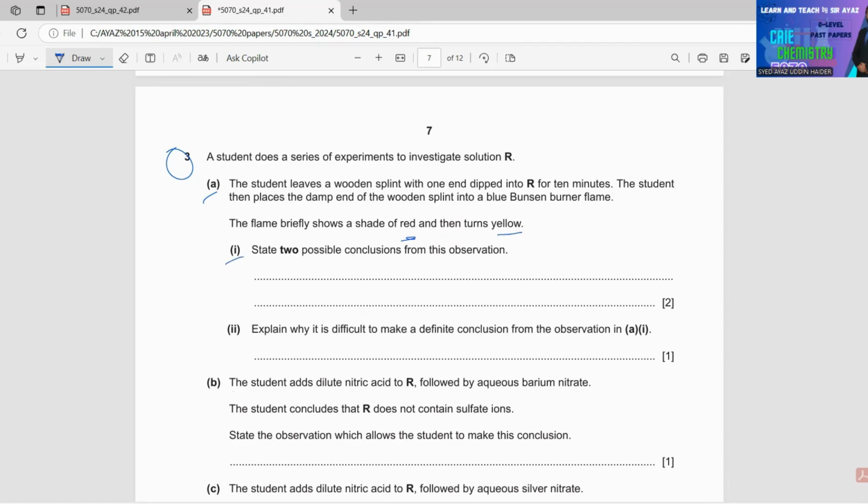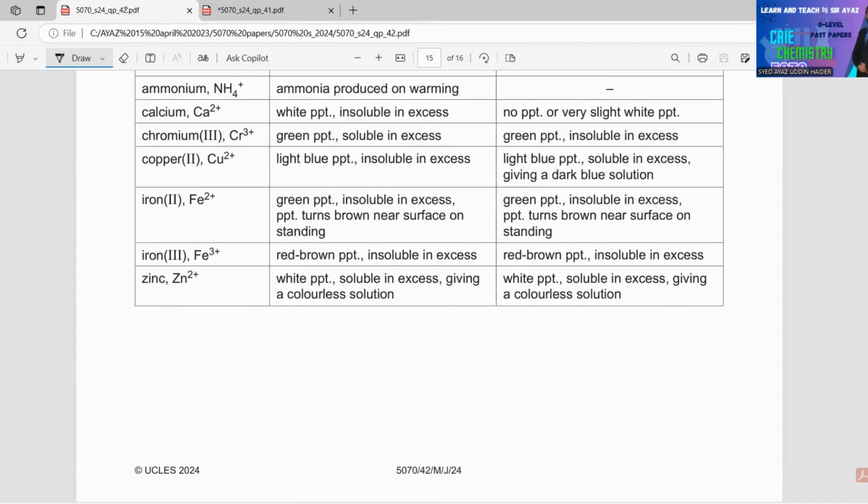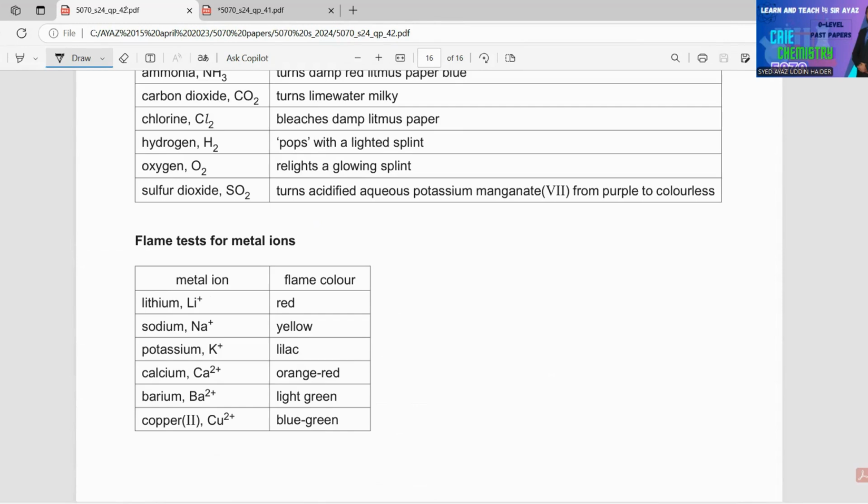State 2 possible conclusions from this observation. They are saying shade of red, they are not saying red.